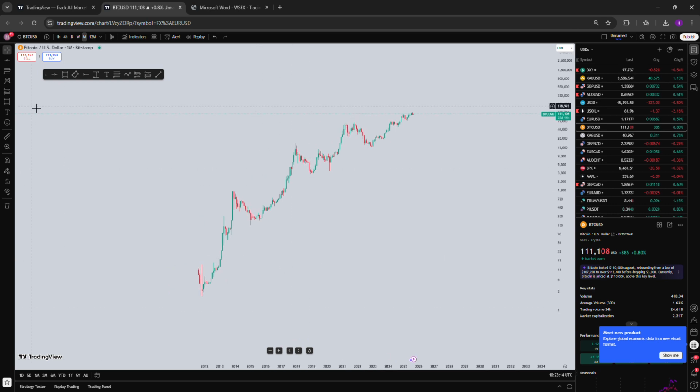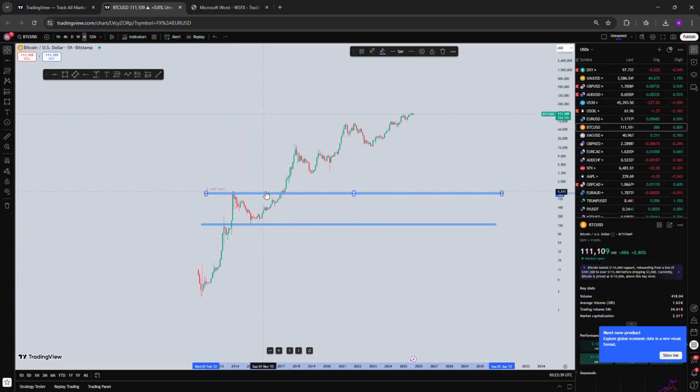To look at Bitcoin, we have our rectangle tool. The first rejection zone obviously is here, but I don't need it. Let me just go to something quite recent. Not like it's that recent anyways, but just for understanding's sake, normally this is a resistance or this is a support because it bounced off, just so you know.